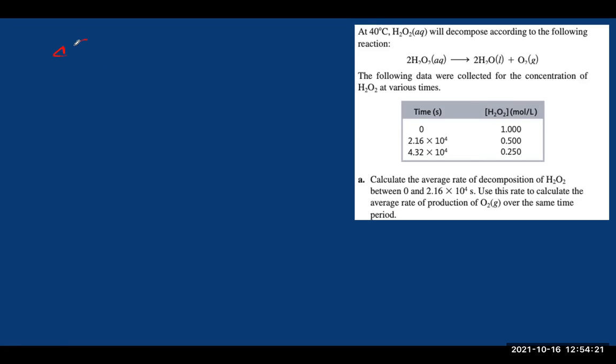So he wants to calculate the rate of decomposition of H2O2. It means the change of H2O2 over time, and this is the reactant, so it will be a negative value. Between 0 and 2.16 times 10 to the power 4, between these two points. So this is the T initial and this is the T final. And this is the initial concentration, and this is the final concentration.